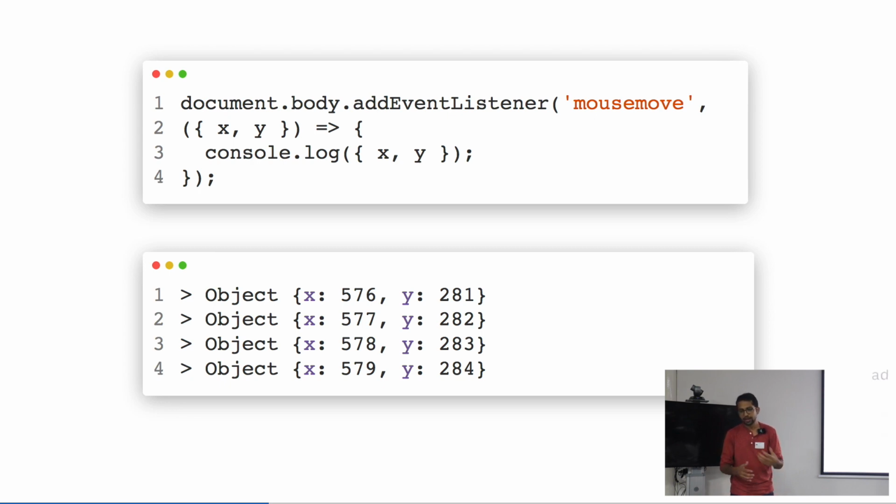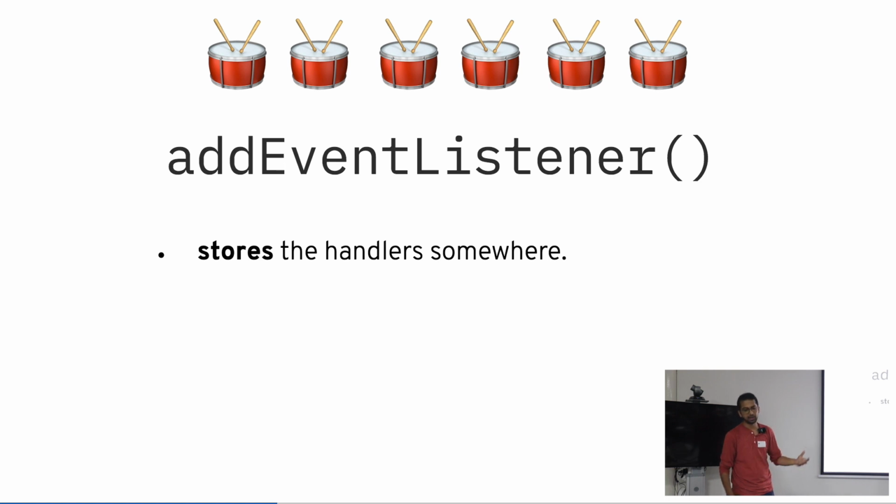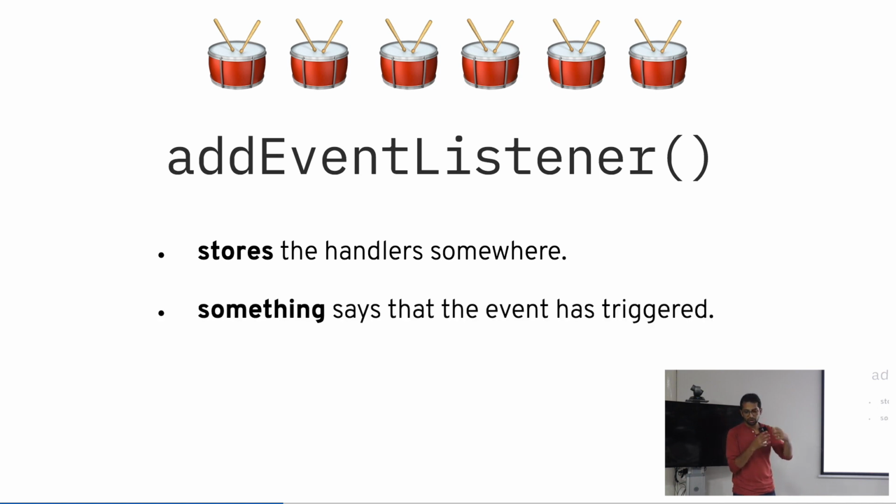The thing is, if we go back and look at how addEventListener works, we'll see three rough things, right? The first thing is it stores the handler that we have passed somewhere. We don't know where it stores it, but it stores it somewhere. The next thing is that when, say for an example, we are moving the mouse, something tells that handler that, well, this mouse has moved, you should probably do something now, right?